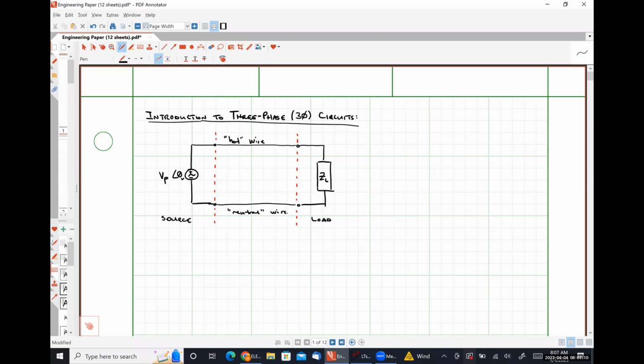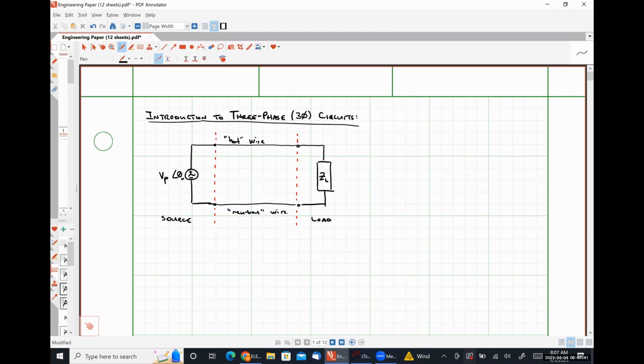Right. So this diagram literally describes every outlet in this room. So there is a single phase voltage source. That is the secondary of one of the transformers outside, feeds into this building, and then transmission lines are used to distribute electrical power to these outlets. And then when we plug something in, we are loading said outlet.